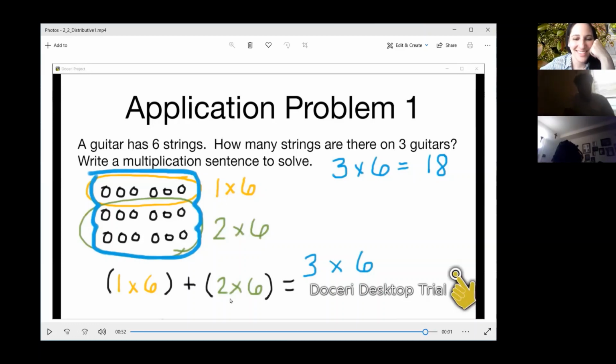Love it. I'm down here trying to work the problem at the bottom. Ah, okay, let's look at it. What's this yellow 1 times 6? I know how to do that. Okay, well, explain it to me then so I can learn with you.